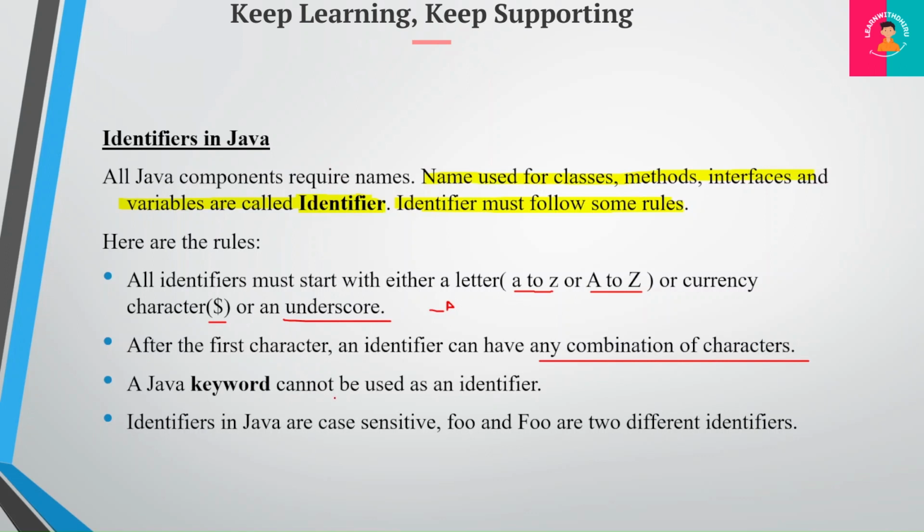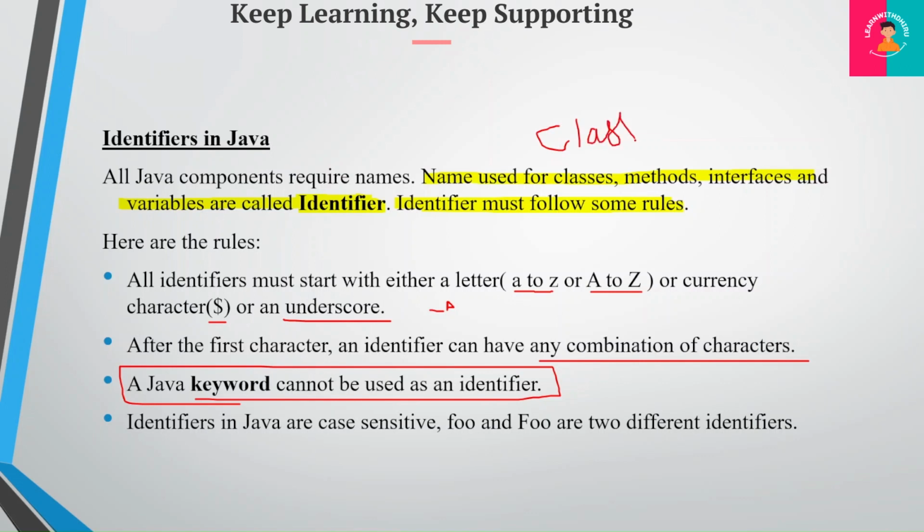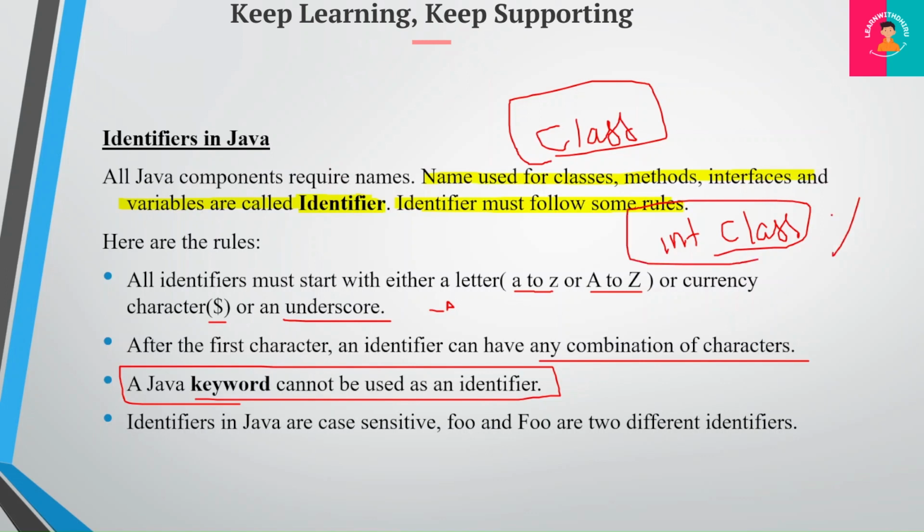A Java keyword cannot be used as an identifier. In the last video we have seen the reserved keywords. So if I declare an integer named int, or a class named int, this will not be considered valid, and you will get a compile time error.